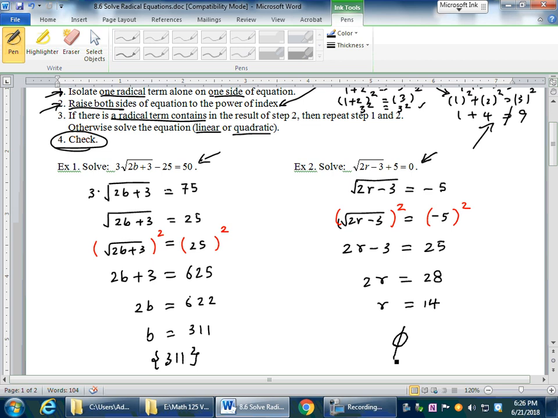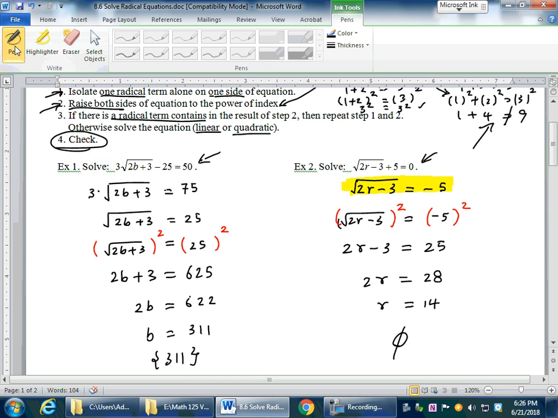If you remember the conceptual part, then we can tell the answer from that step on. Because the square root of a number must only give a positive outcome. So the square root of 2r minus 3 cannot be equal to a negative number.